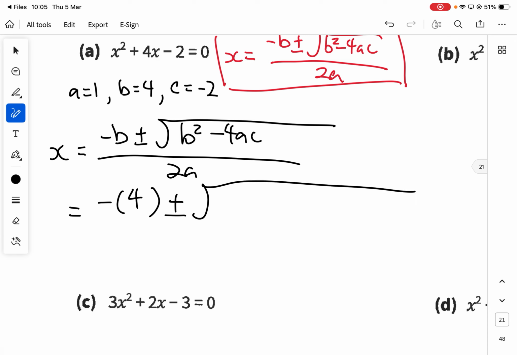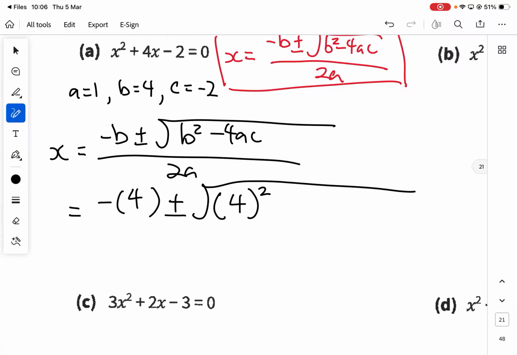Square root, no change. I want to square B. So I replace B with a bracket. All my substitution I replace with bracket. Then I square the bracket. This is very important. Okay, substituting with the bracket is very important.